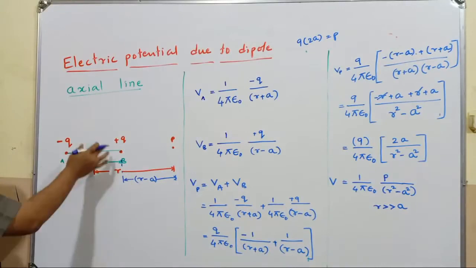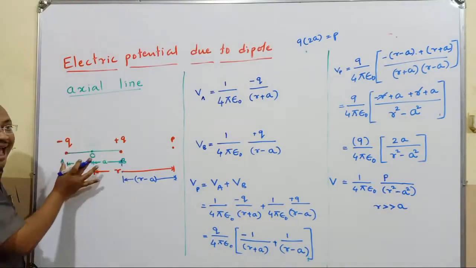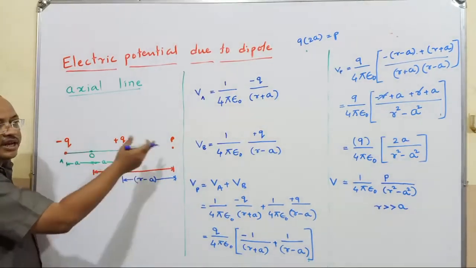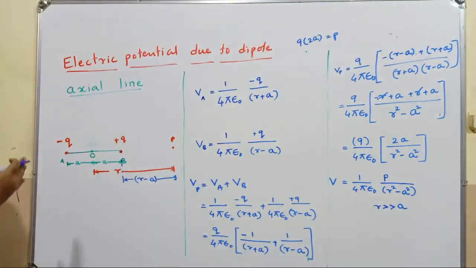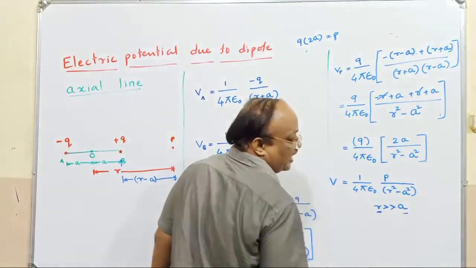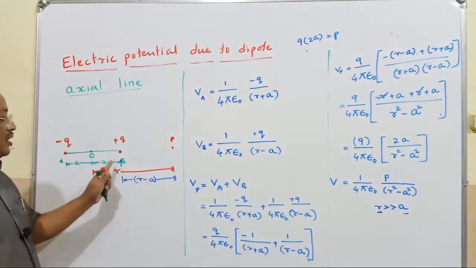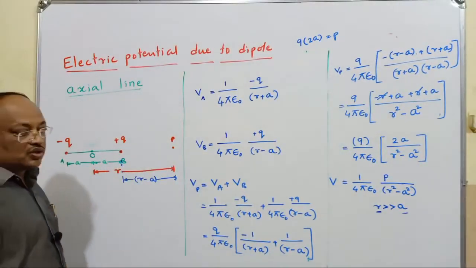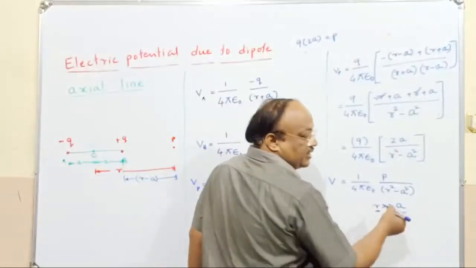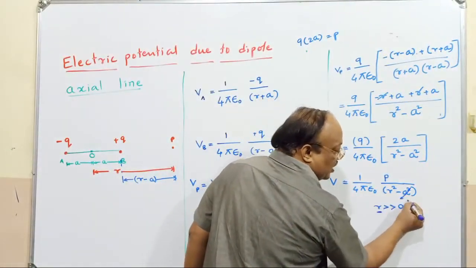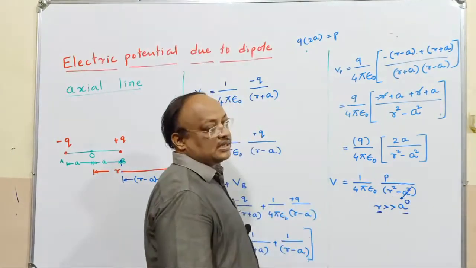Usually we will find it in angstroms, whereas this distance is definitely large compared to an angstrom. So R is much greater than A, therefore we can neglect this A square compared to R square.